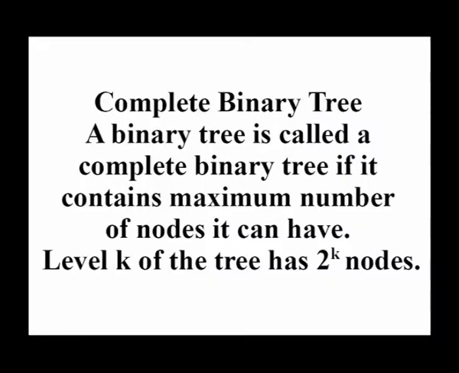There is a special kind of binary tree known as a complete binary tree. A binary tree is called a complete binary tree if it contains the maximum number of nodes it can have. We can also say that a binary tree is a complete binary tree if all its levels are full. Look at this diagram.